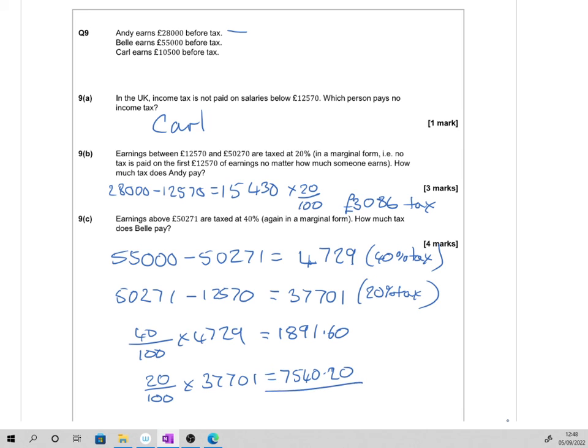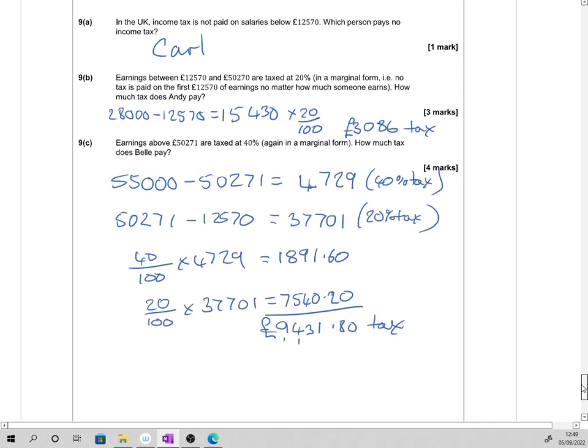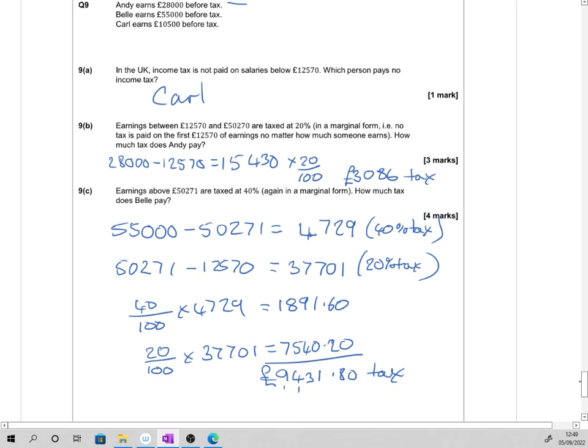So if we add those two numbers together, that's how much tax will be paid. About £9,000 tax. Excellent, £9,000 tax. I think that's right.